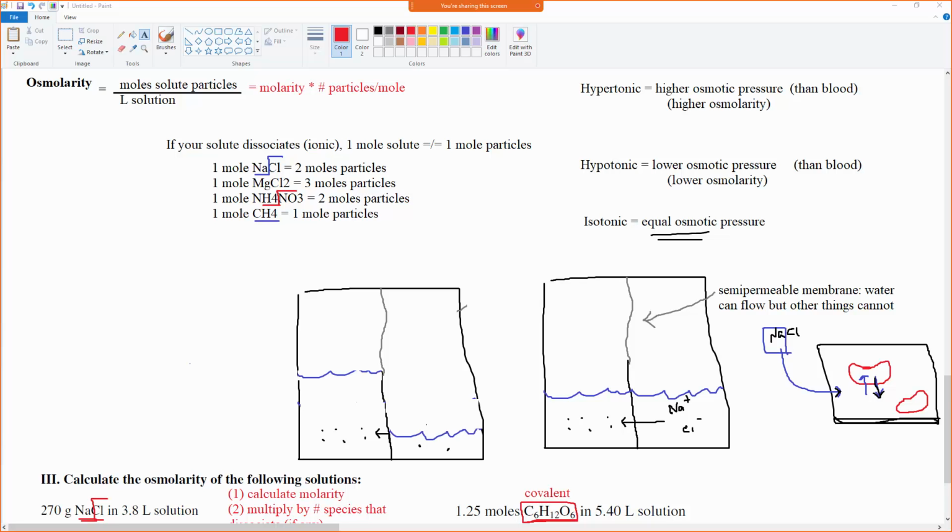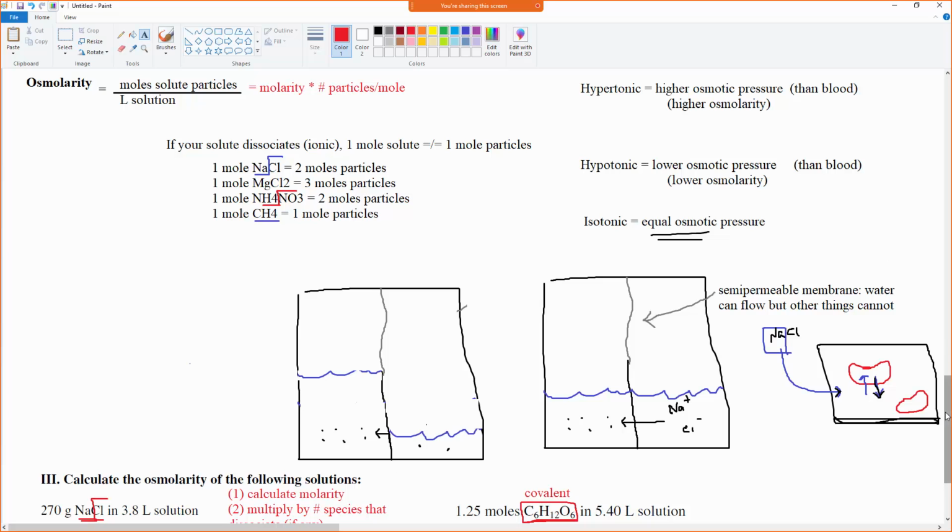Okay. Now, the next piece here that I want to talk about is other colligative properties. A colligative property is a fancy name for a property of solutions that a solution gets by becoming a solution instead of a pure solvent. Like, how does water change when you put a solute in it? And osmolarity is one of those properties, right? It starts to exert osmotic pressure on its surroundings if they have different concentration units.